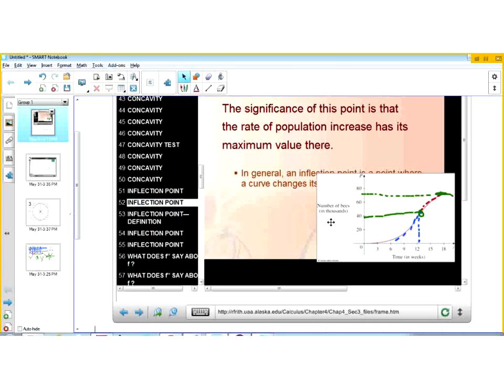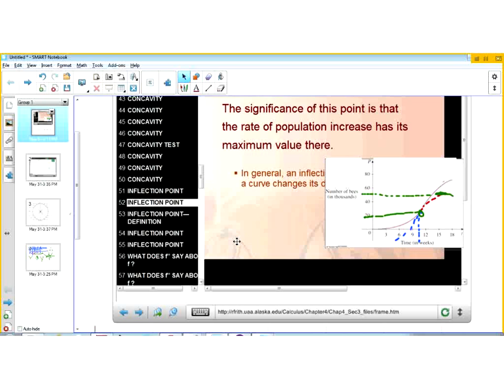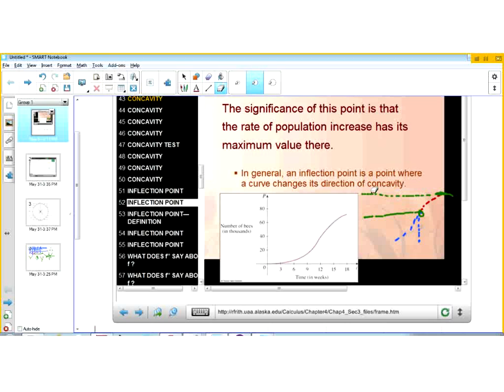What the inflection point tells us is that the rate of population increase has its maximum there. So what is the rate of population increase?